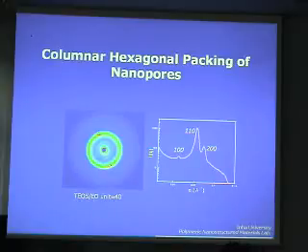Based on this two-dimensional X-ray pattern, we can plot the one-dimensional X-ray scan data, and as you can see, the 100, 110 and 200 X-ray reflection patterns are clearly seen, which can be indexed by the two-dimensional hexagonal columnar lattice. So for the organic-inorganic self-assembly with the TEOS to EO molar ratio equal to 40, we have a hexagonal columnar structure.